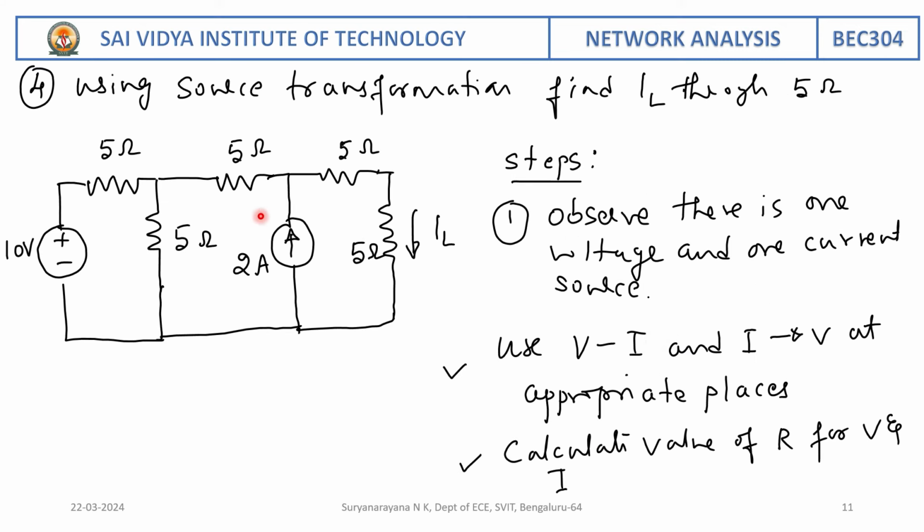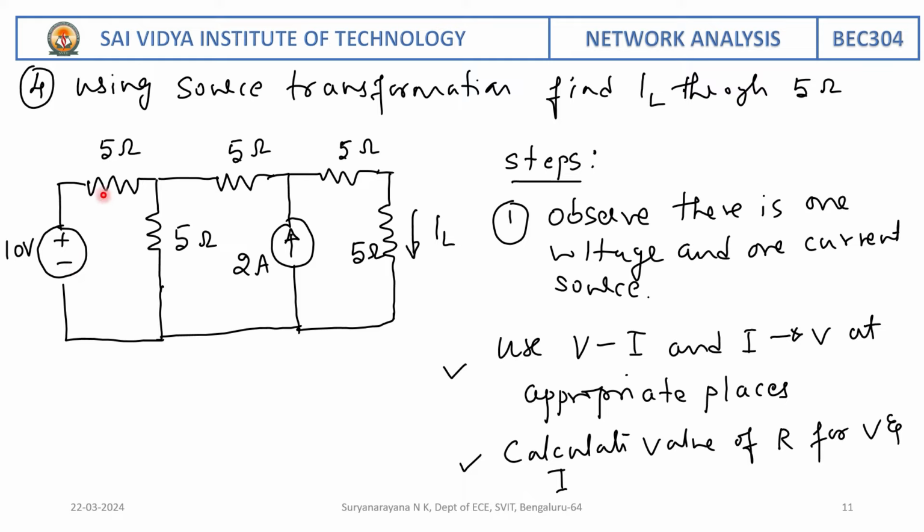In a similar way, try to find the current through the 5 ohm resistance using source transformation. Here, observe this network that is given. It consists of a current source as well as a voltage source. So we have to convert this voltage source into a current source and find the effective resistance that is connected with the current source.